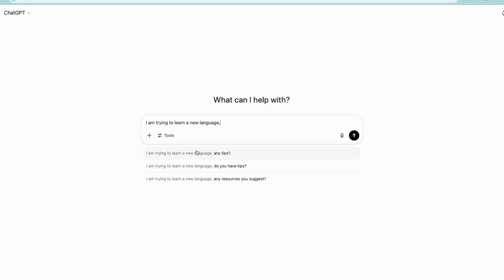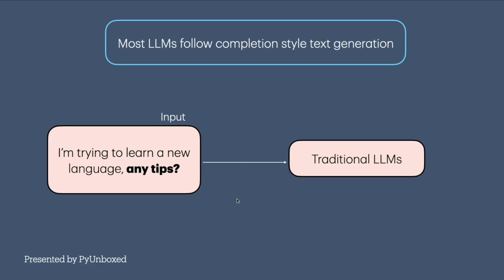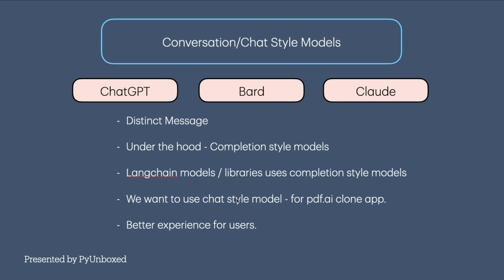Whatever we feed into this completion style model, you can imagine that it's going to put a cursor at the end of the string and then try to add some text to it. That's one. And then there's another type of model, which is the chat style model, which we would be mostly familiar with, because that's what we generally use in websites like ChatGPT.